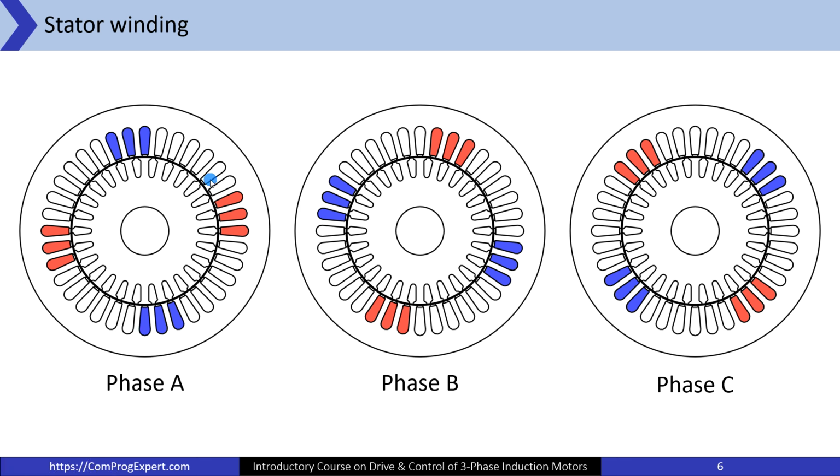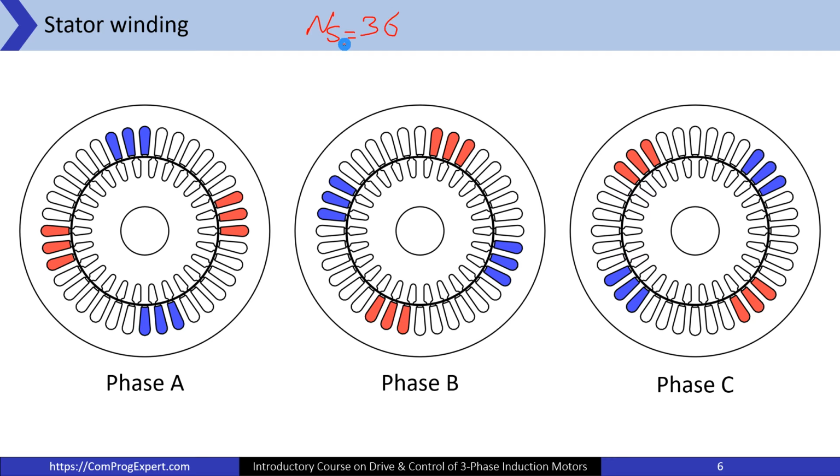Here is the first zone of the phase A. As you know, we have a single layer winding for this benchmark motor, and the number of stator slots is 36. NS is equal to 36.